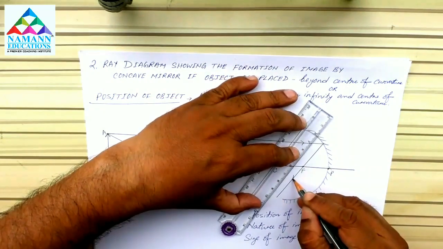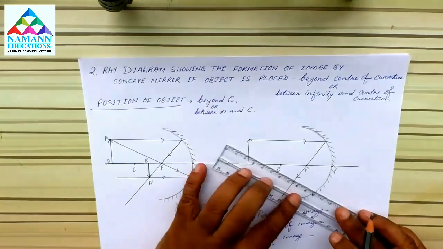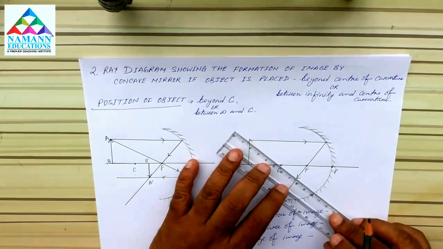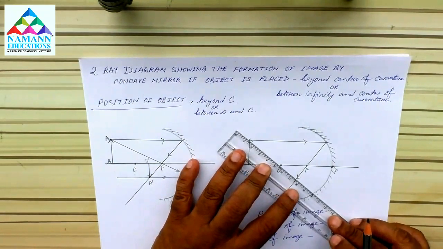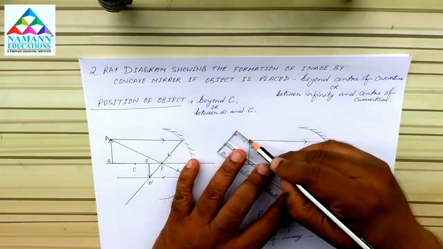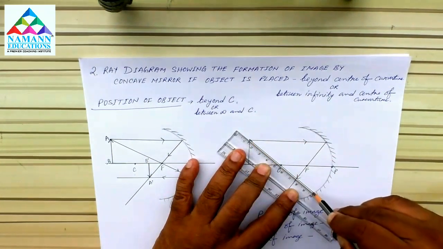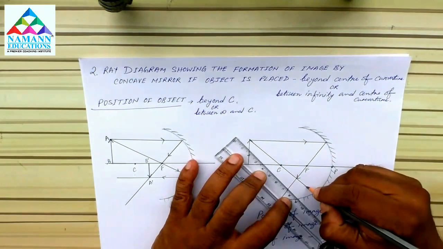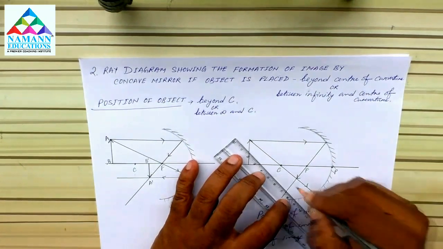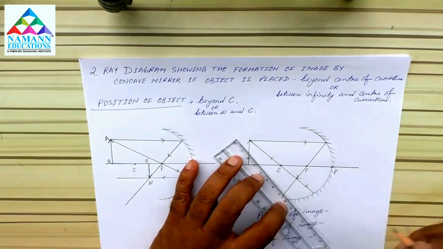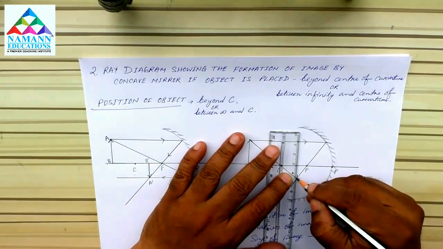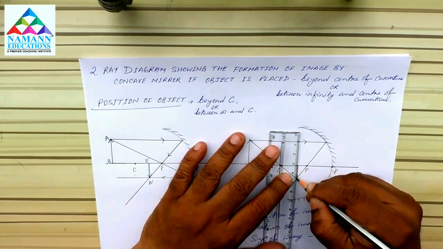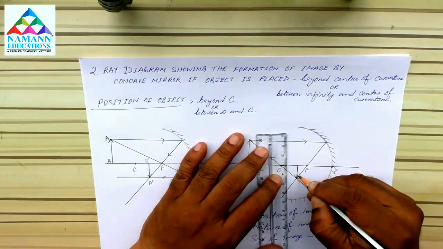If I consider a ray of light incident after passing through center of curvature, we know the rule, this light ray incident normally and will retrace its path. So we are getting image between C and F.